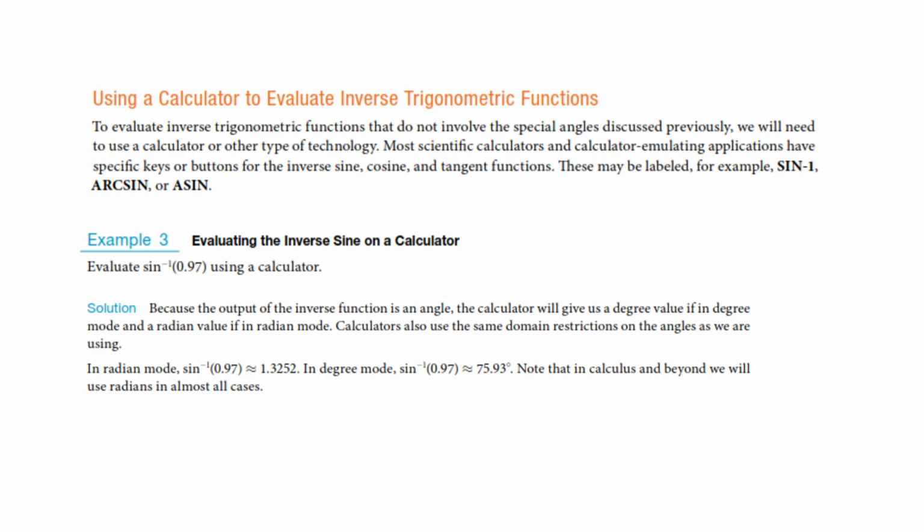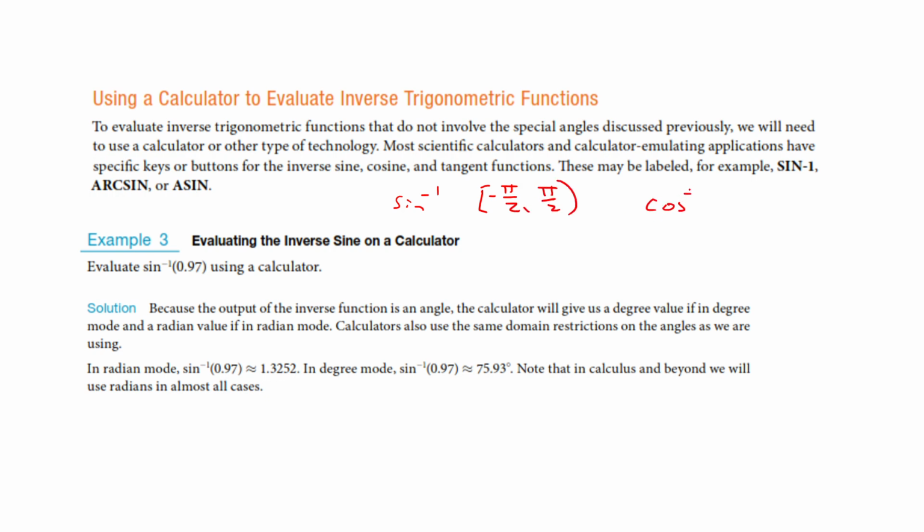One other point: the inverse sine, cosine, and inverse tangent on the calculator use those same limits, the same restrictions that we've set here. If you get an error, it means you're trying to put in a value that is outside of those limits. So one last time, remember, inverse sine has a range between negative pi over 2 and pi over 2.